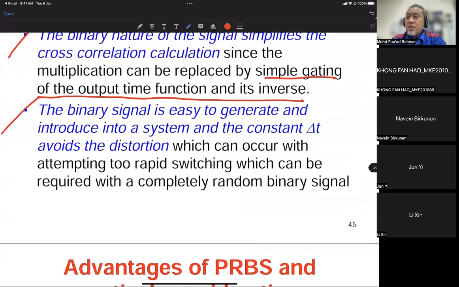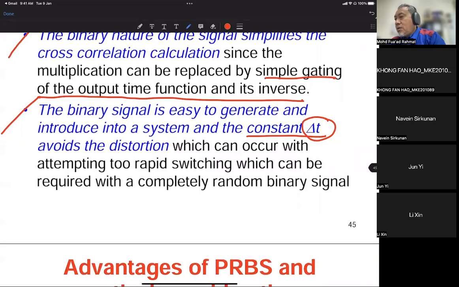And the binary signal is easy to generate using hardware or computer programming and introduced into the system by injection. And the constant delta t intervals will avoid the distortions.